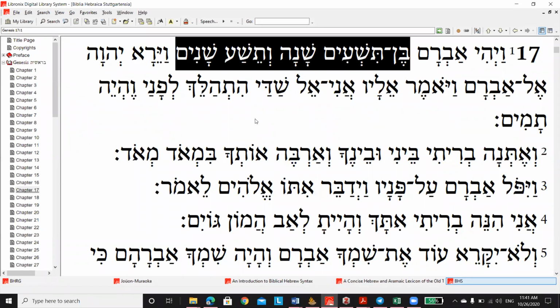The same expression works for women. For example, if I want to say that a woman is 20 years old, I should say she is the daughter of 20 years. Bat Esrim Shana. Okay, so this is clear?